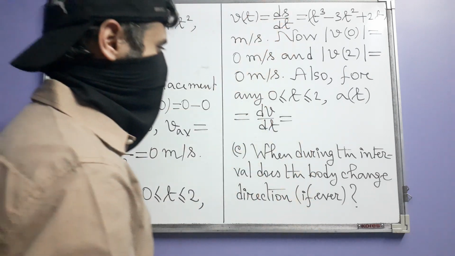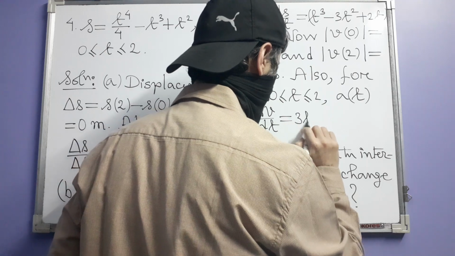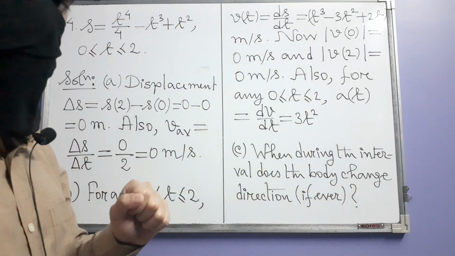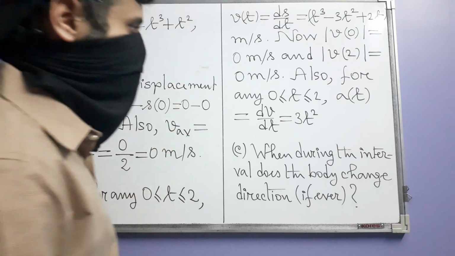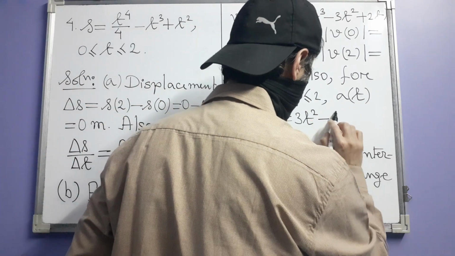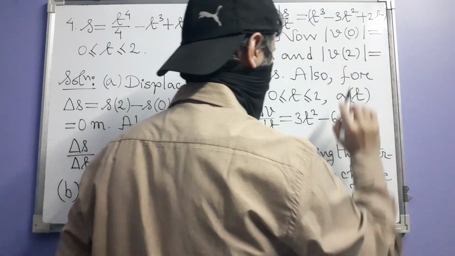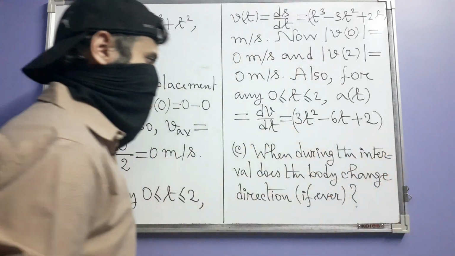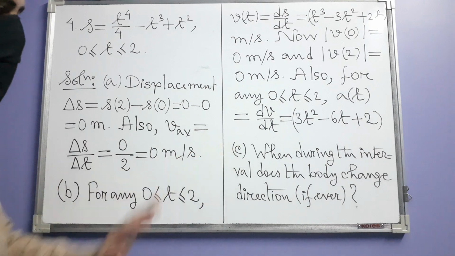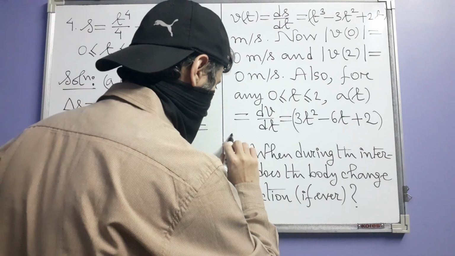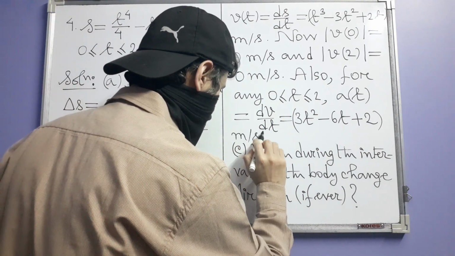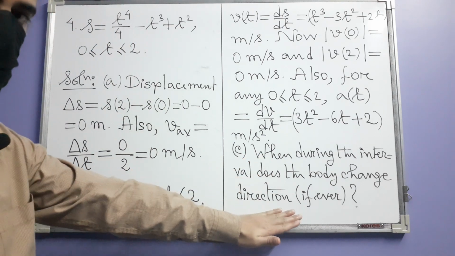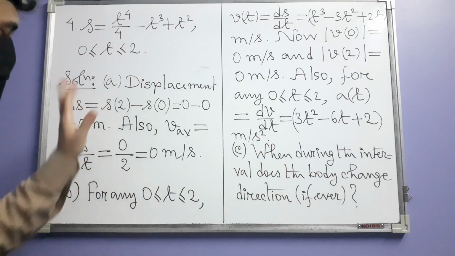Differentiating t cube, you get 3t square. Differentiating t square, you get 2t, so that 2 you multiply with 3, you get 6, so minus 6t. And differentiating 2t, you get 2. And we also want the unit. The unit is meter per second squared. Let's keep this part like this and continue from here.